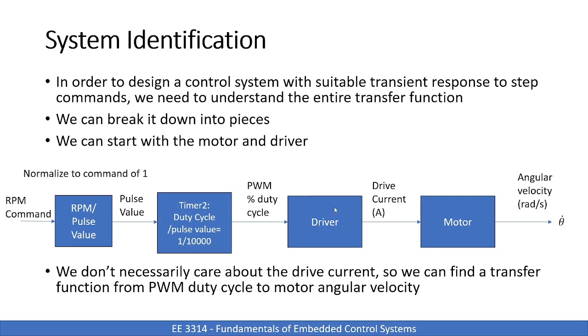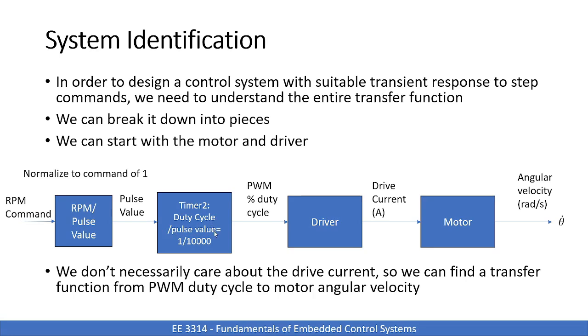So if we start with the motor and driver, we have a motor with an angular velocity, so we're calling that theta dot. That's really what we're considering our output, and that is what we're measuring. That's given a drive current from the driver that's based on the input PWM duty cycle, which is generated by timer 2, which is generating a duty cycle per pulse value.